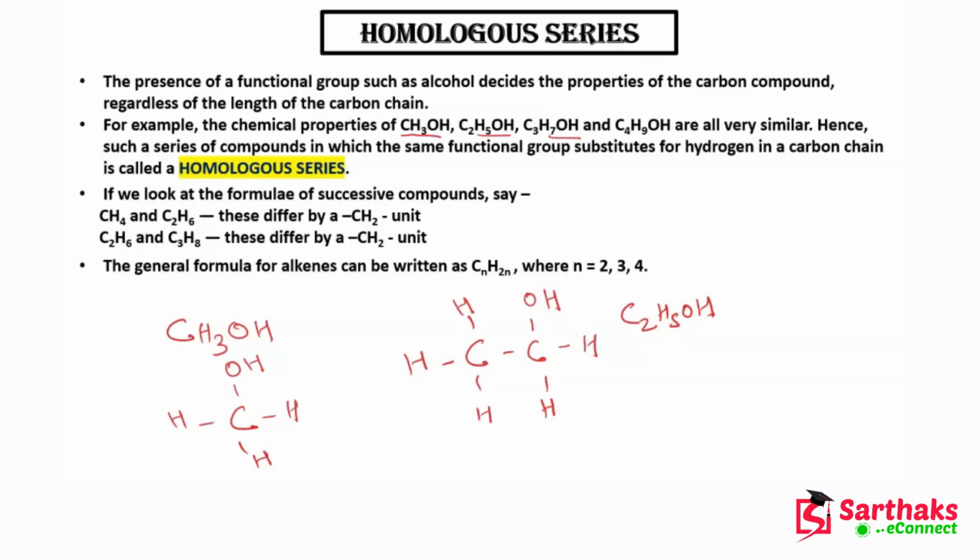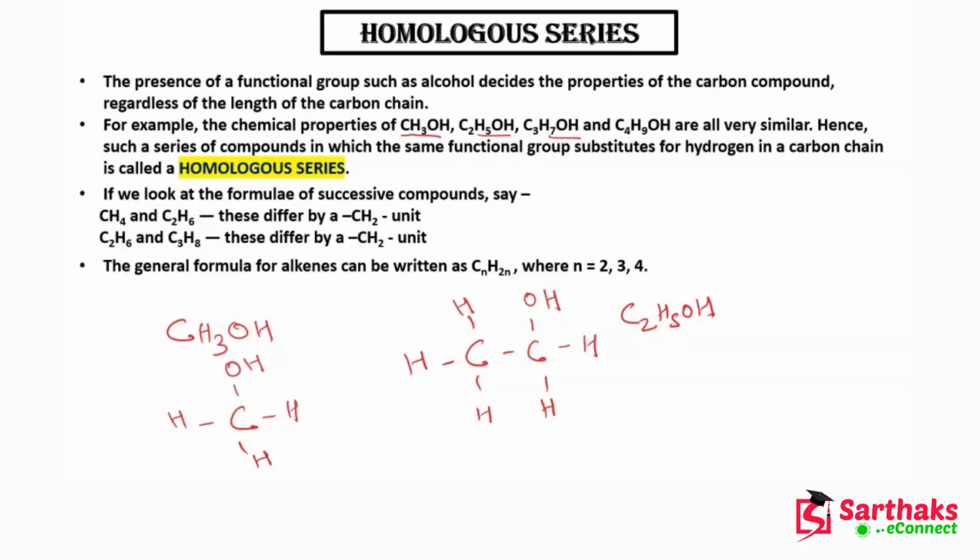Hence such a series of compounds in which the same functional group substitutes for hydrogen in a carbon chain is called homologous series. It's not rocket science: where the hydrogen is replaced by the same type of functional group, that series is known as homologous series.